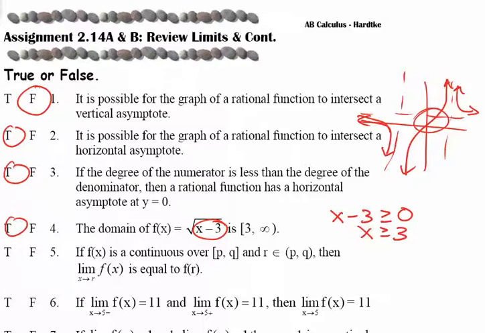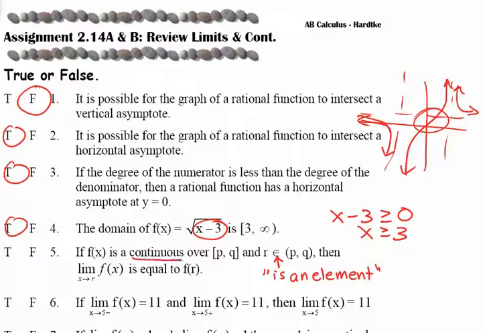In number 5, if f is continuous over the closed interval from p to q and r is an element of, that's what that symbol is as a reminder, if r is an element of the open interval, so in other words r falls somewhere between p and q, then is the limit of f as x goes to r equal to f of r?